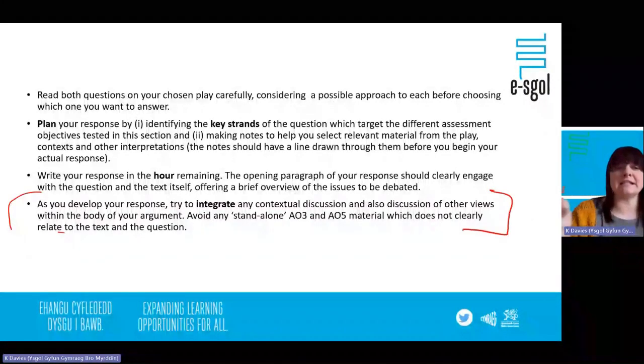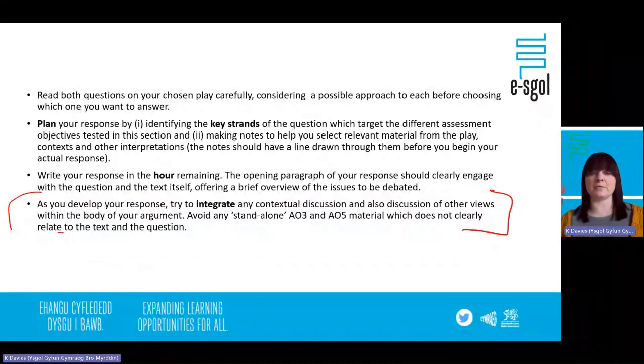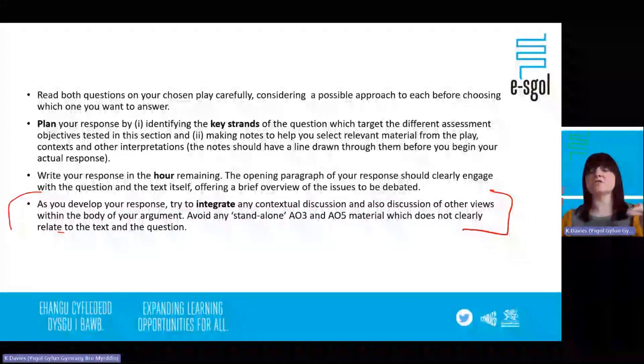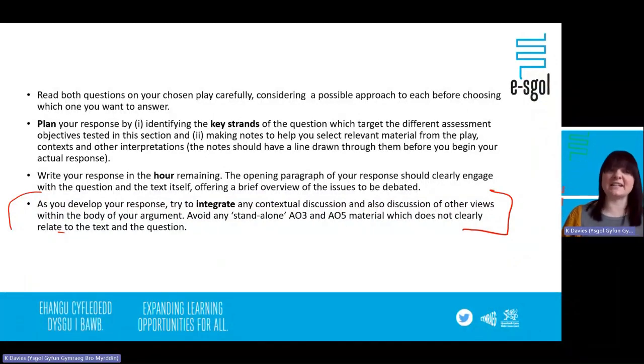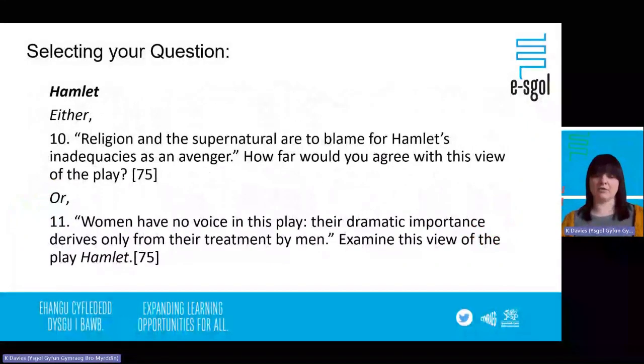As you develop your response, you need to make sure that you integrate any contextual discussion. To integrate means to weave it in. What we don't want are standalone, shoehorned-in AO3 and AO5 points, material that doesn't really relate to the text and doesn't really relate to the question.